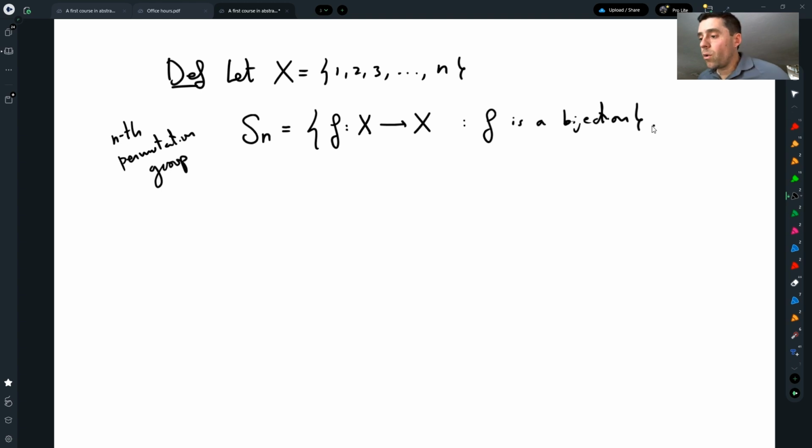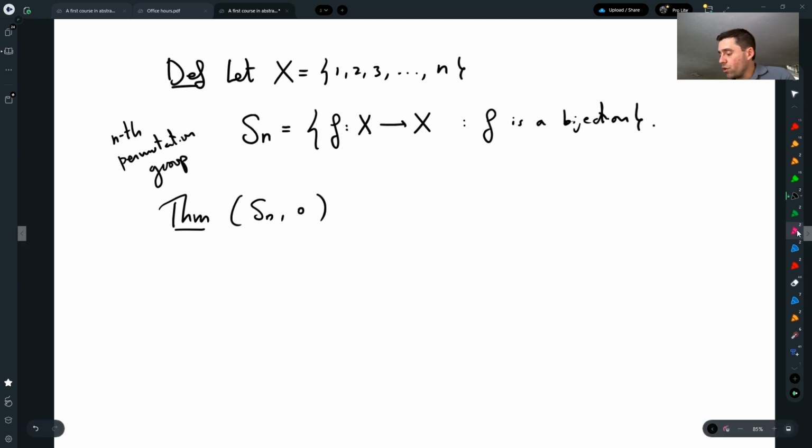Okay, so is that a group? Well, it turns out that theorem: Sn under composition of bijections, so this is a composition of functions, is a group.